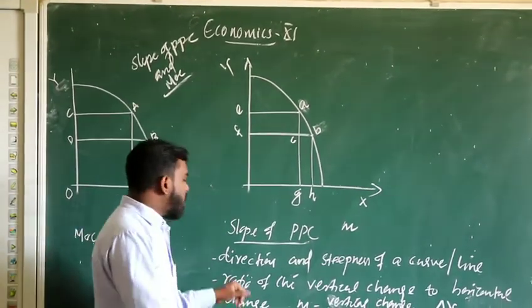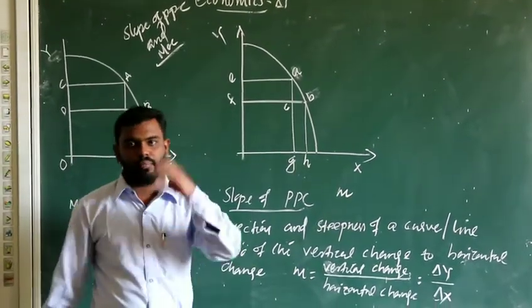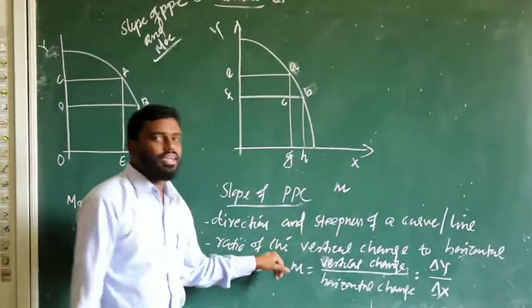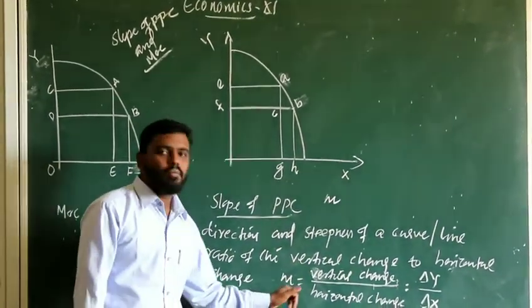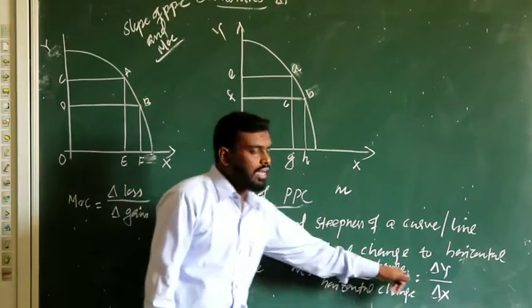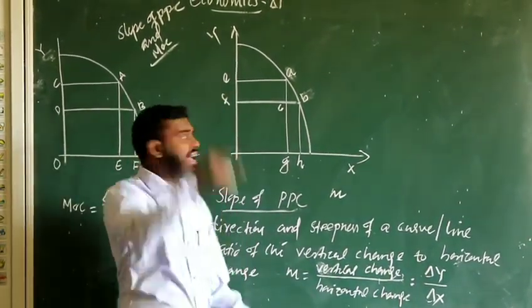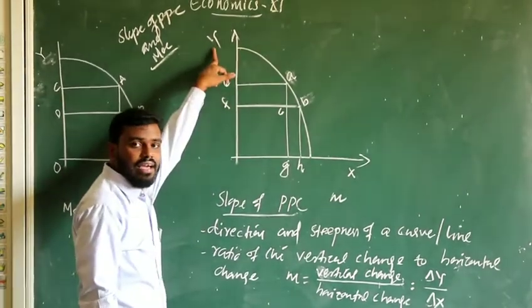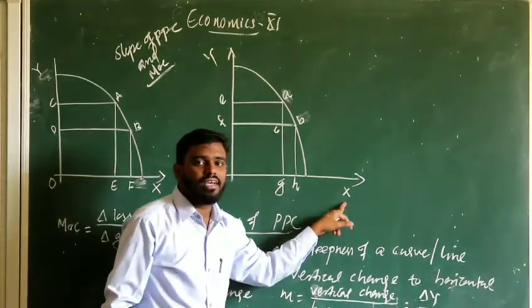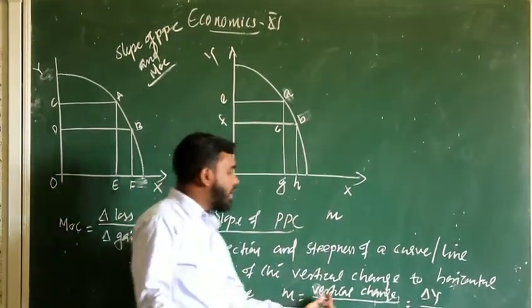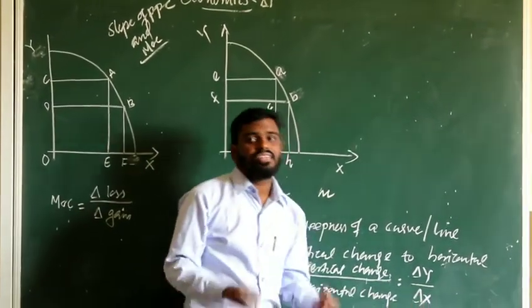That means it is the ratio of the vertical change to the horizontal change. So simply, M, or slope, is equal to vertical change divided by horizontal change. On the vertical axis we are taking the y variable, and on the horizontal axis the x variable. So vertical change means delta y upon horizontal change, delta x.